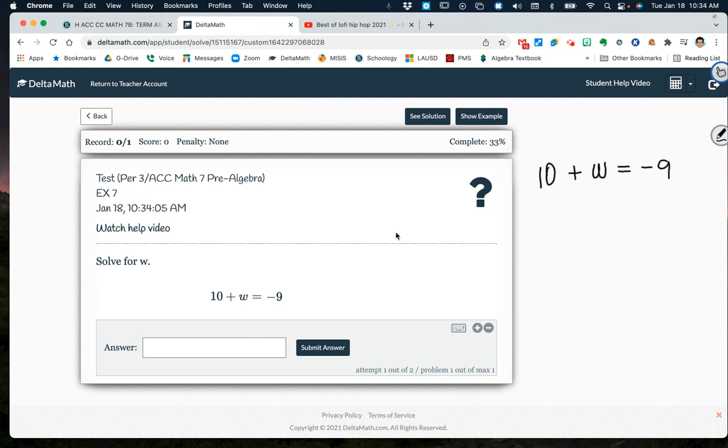I just turned 10 into 0, and then I went backwards. How do you turn that 10 into a 0 mathematically? Negative 10. And negative 9 plus negative 10 is negative 19. Yes, again, we're adding those, so negative 19.